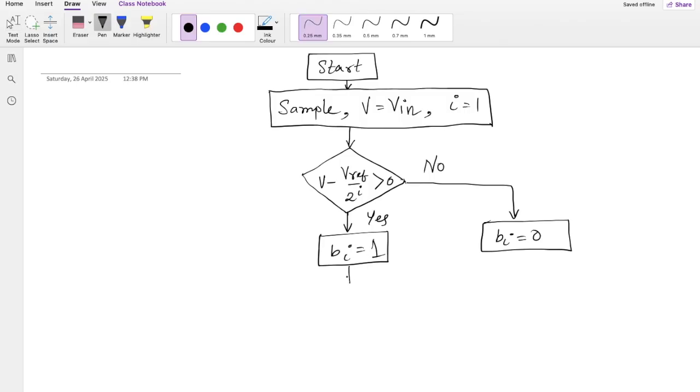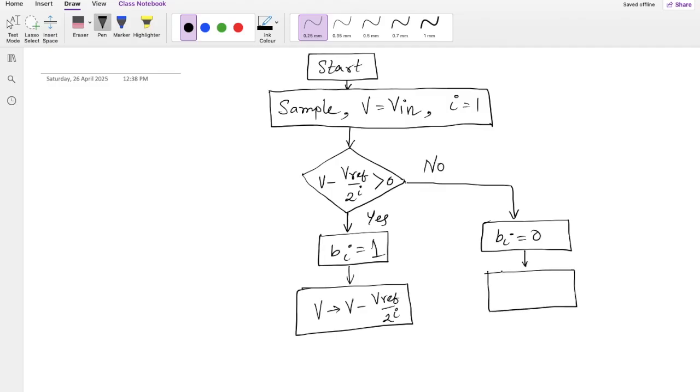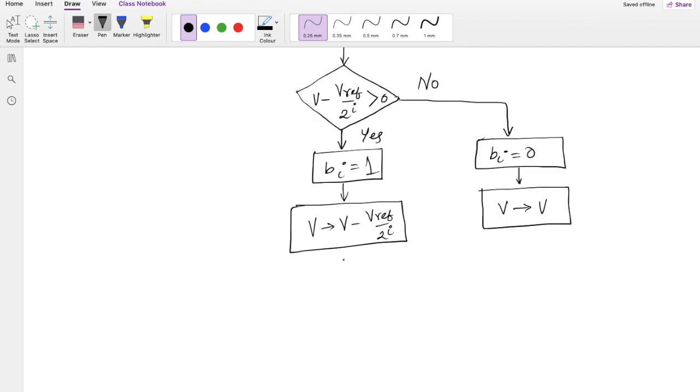And if Bi is equal to 1, then only we are going to update V to be V minus Vref by 2^i, else we are going to keep V as it is.